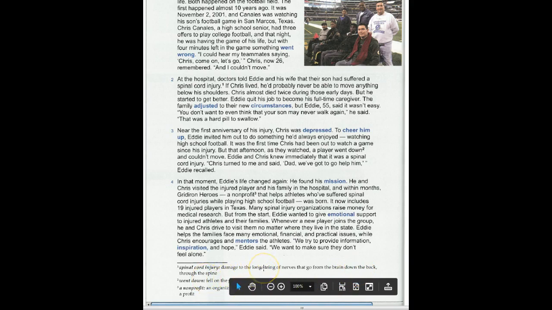So maybe you do not understand all of these words. But this is something that goes from the brain down the back.